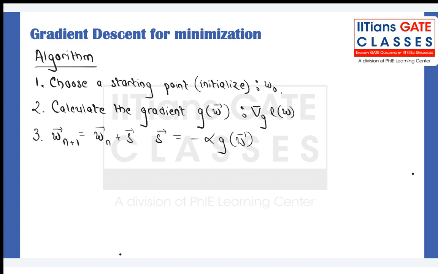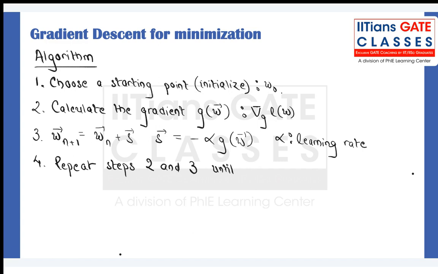And 4 is, so alpha, let me write down here, is your learning rate. And the fourth step, final step, is to repeat steps 2 and 3 until there are two options here.